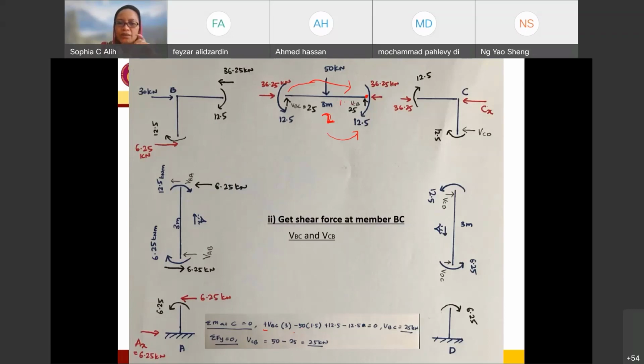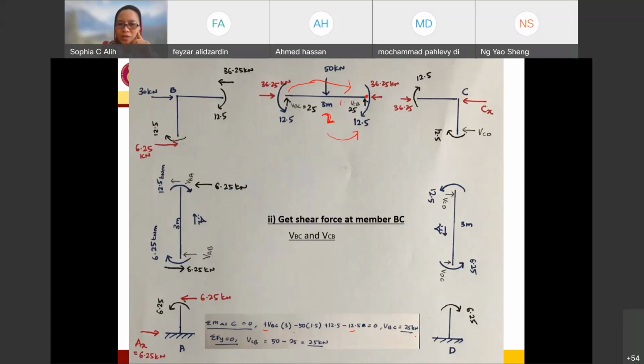I need to add the moments also acting at both ends of my member. The first moment is counterclockwise, so it's negative 12.5, and this one is positive because it is clockwise, plus 12.5, and equal to 0. I solve this equation and I will have VBC equal to 25.